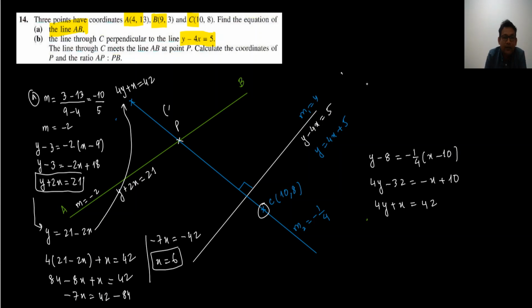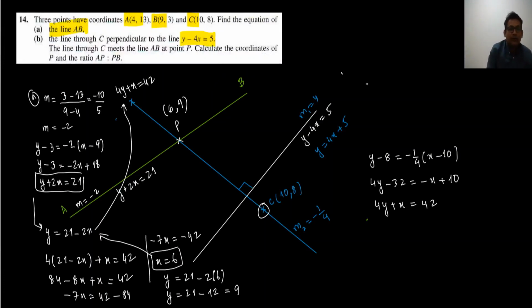We got the value of x. Now for y, we substitute this value in the equation. y equals 21 minus 2 times 6, which is 21 minus 12, so 9. So the coordinates are 6 and 9.